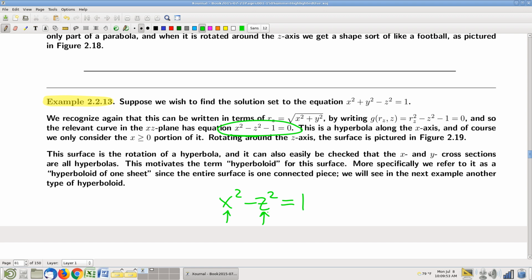I think this is a real easy way to distinguish between the two cases. And I'll make the observation, there's no way x could be 0 here. Right? If you were to say x equals 0, you've got a negative of a perfect square equaling a positive 1. And that's never going to happen. Right? Okay, so what we know is that x can never be 0.